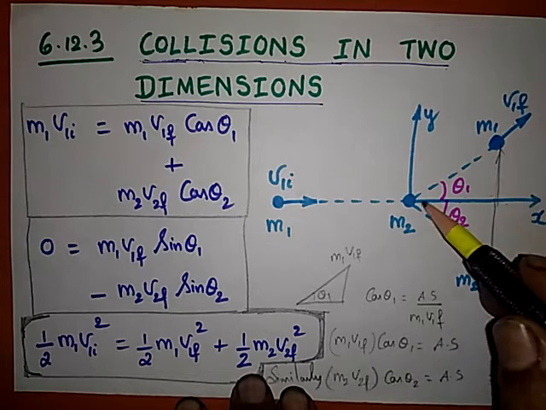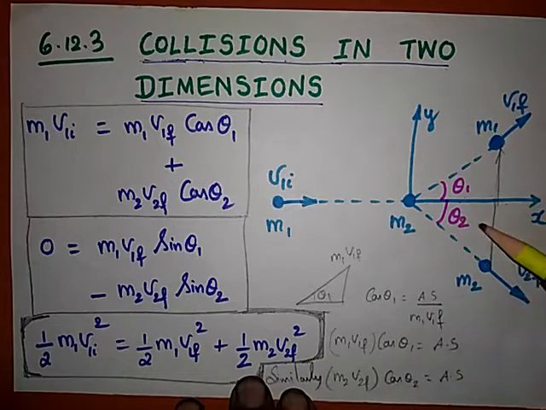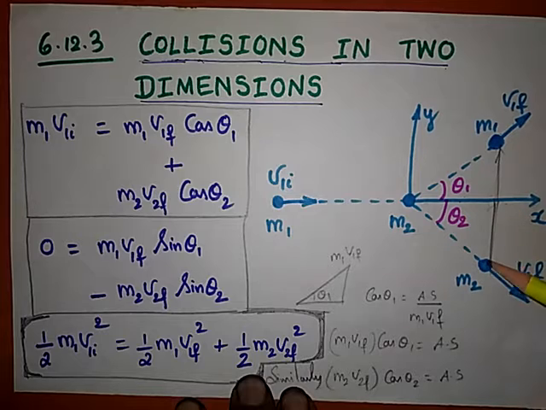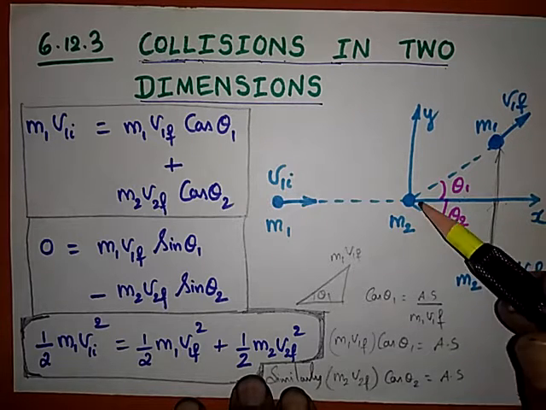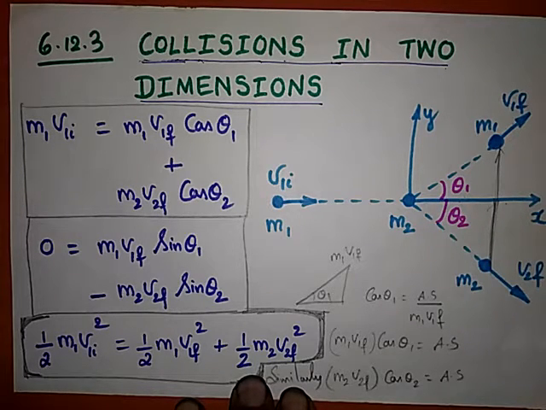Similarly, if you apply sin theta 2 for this triangle, the opposite side is in the minus y direction and the hypotenuse is m2 v2f. So the vertical component is in the negative direction, minus m2 v2f sin theta 2.